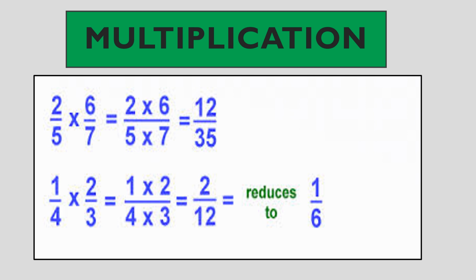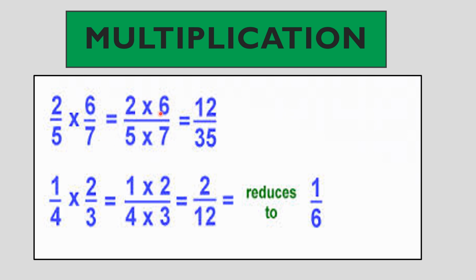Now let us see a few more examples. The first example: the fractions are 2 by 5 and 6 by 7. Both are unlike fractions. The steps are to multiply the numerators and multiply the denominators.